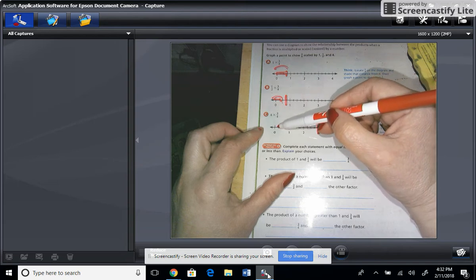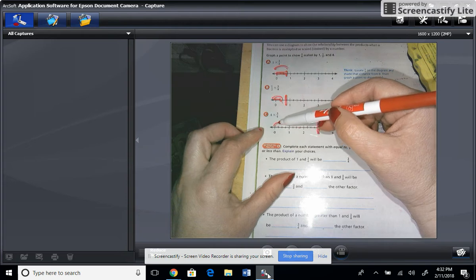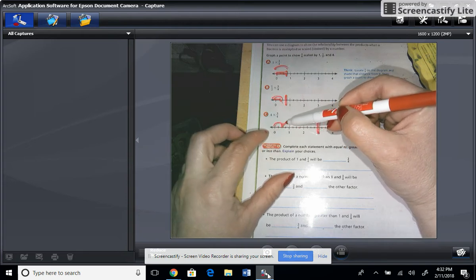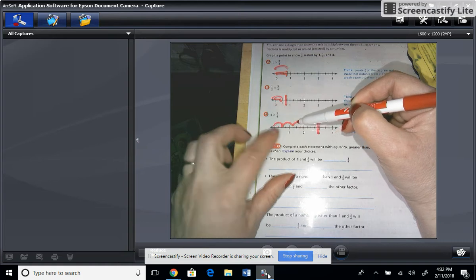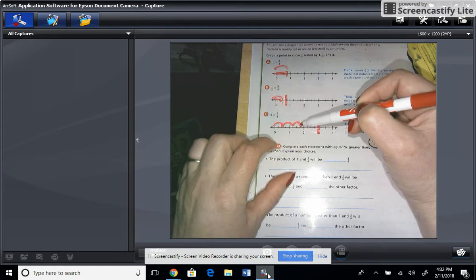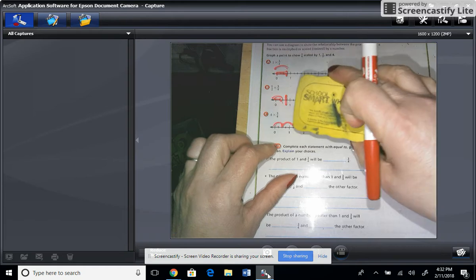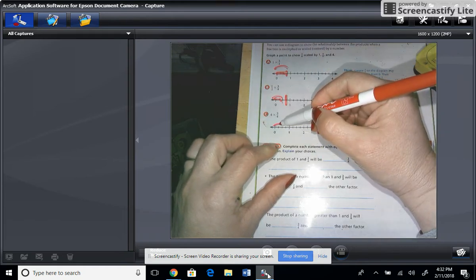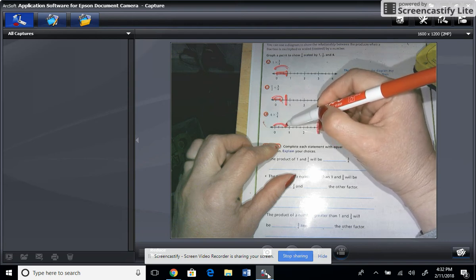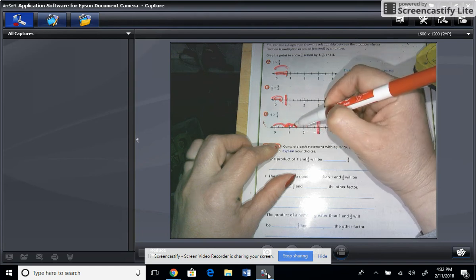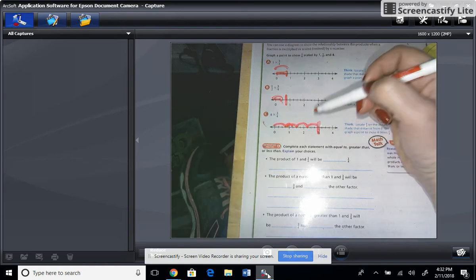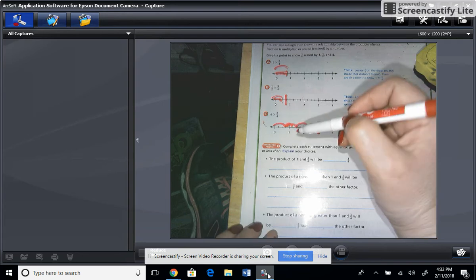That's not counted very well. There we go, 4 equal parts. Okay, and we've got 3/4 of that, which would be right there.